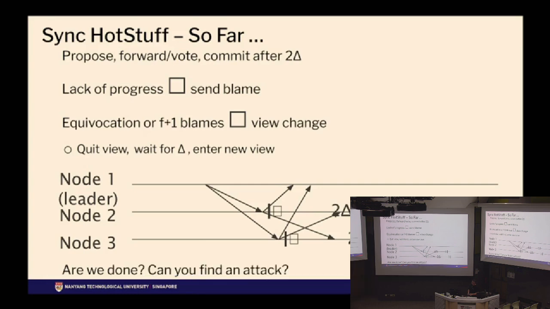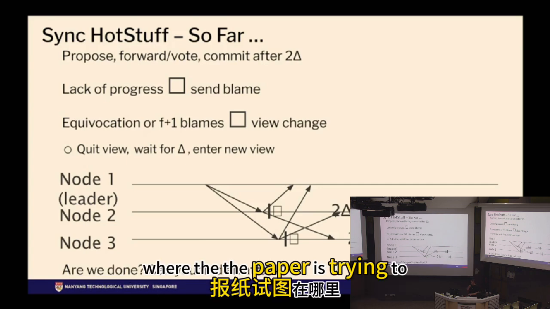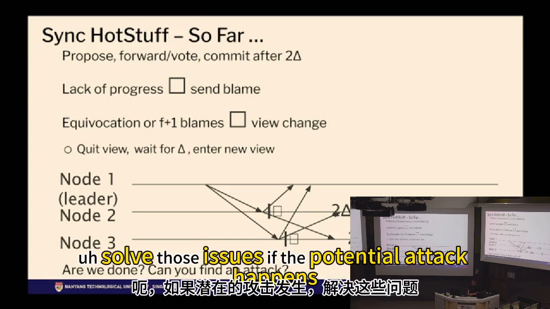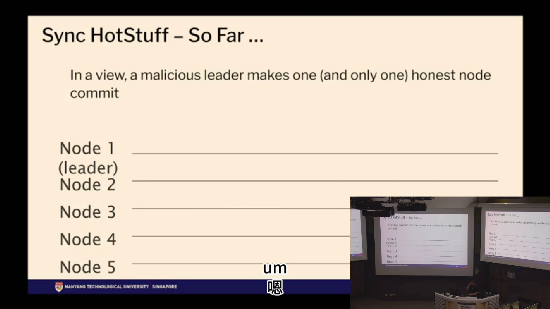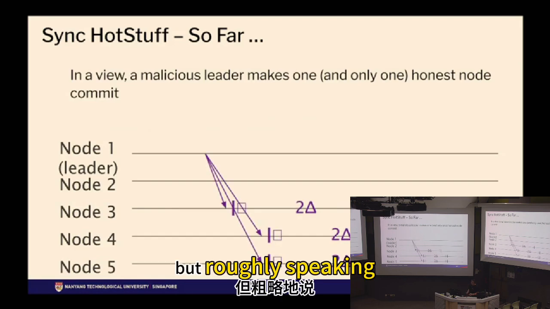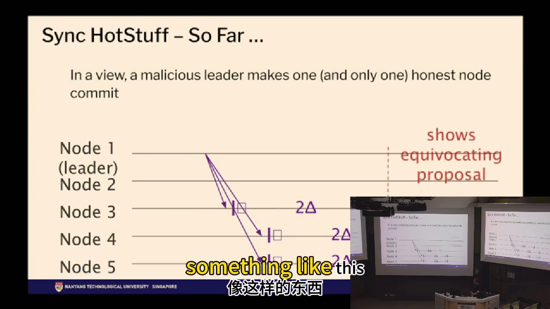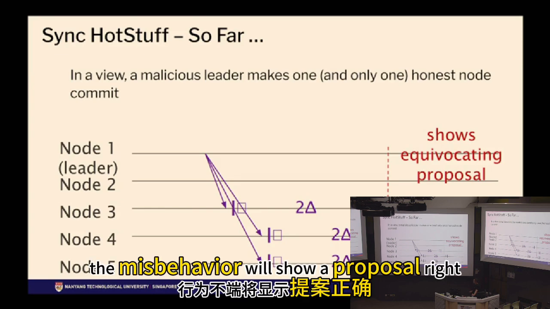Do you think that's all? Actually, in the paper, it explains a few edge cases where it tries to solve issues if a potential attack happens. Considering the time, I won't go into the details. But roughly speaking, if a malicious leader makes one honest node commit, then the misbehavior will show up in a proposal.